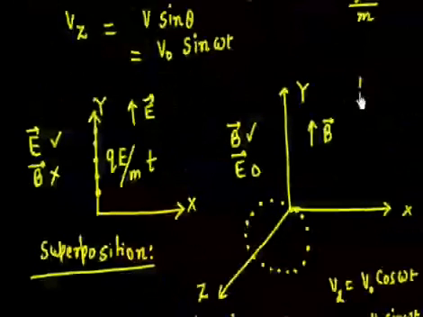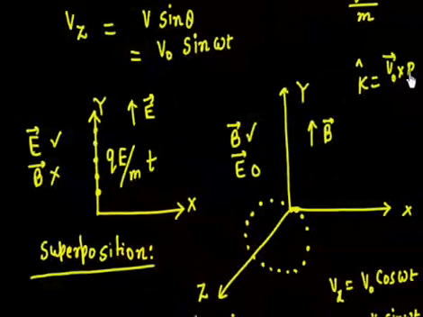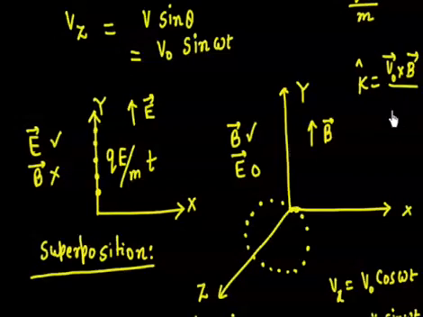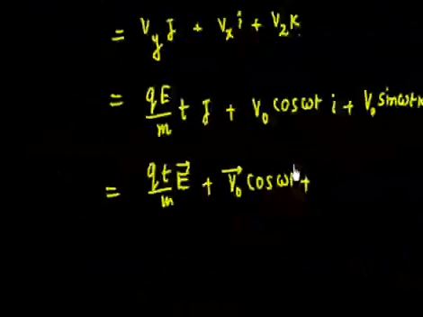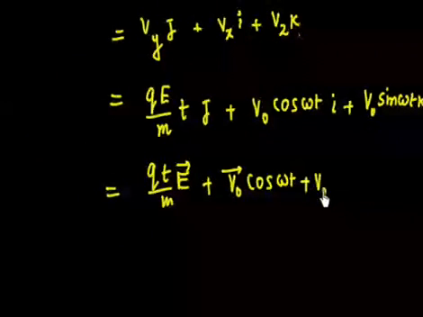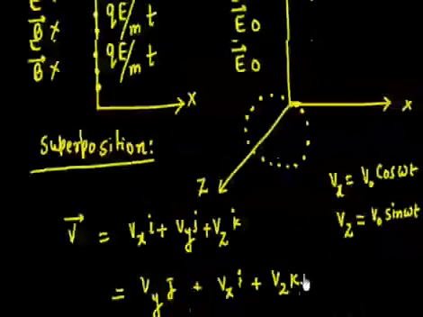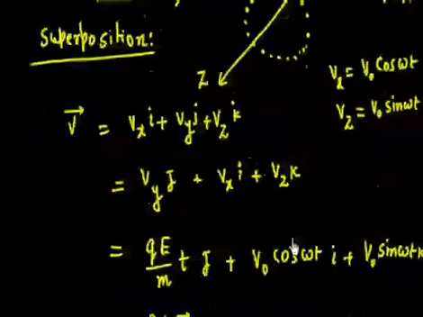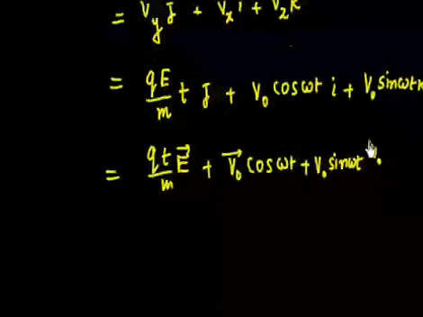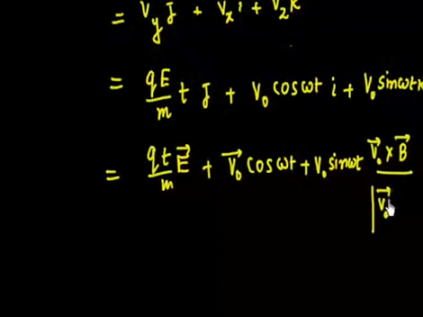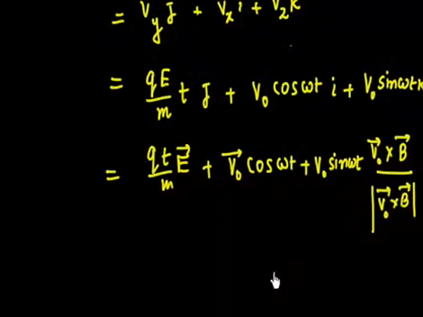The unit vector in the k direction is v naught cross B divided by the magnitude of v naught cross B. So I can write v naught sin omega t times v naught cross B divided by the magnitude of v naught cross B. So this is the final velocity we will have.